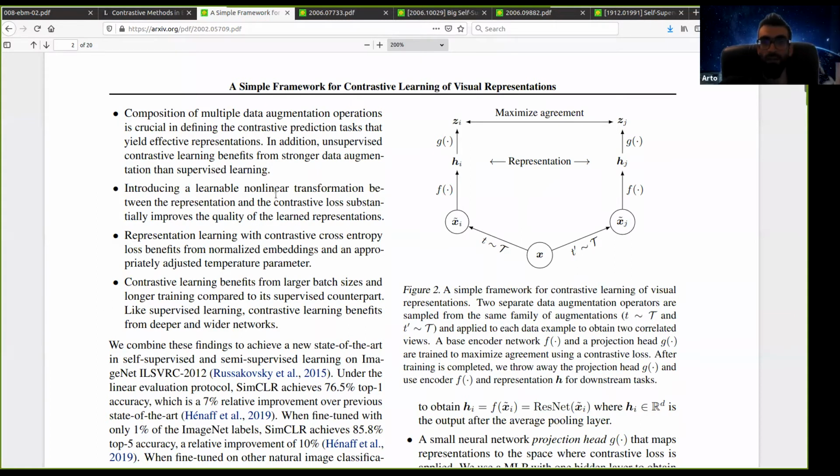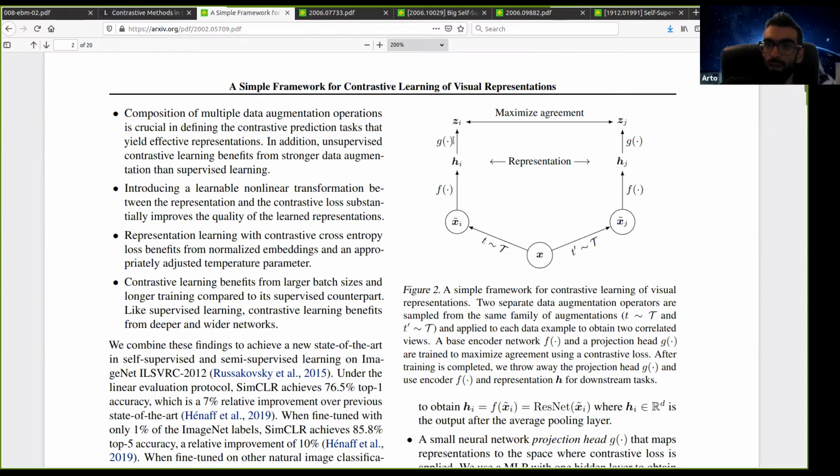And yeah, introduction of nonlinear transformation between the representation and contrastive loss substantially improves the quality of learned representations. So it kind of releases some restriction of how this learned representation can be, right?